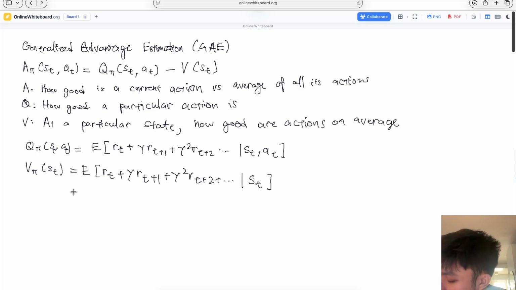You can think of the value function as the expectation of the Q values over all the actions sampled under some policy, given a particular state.